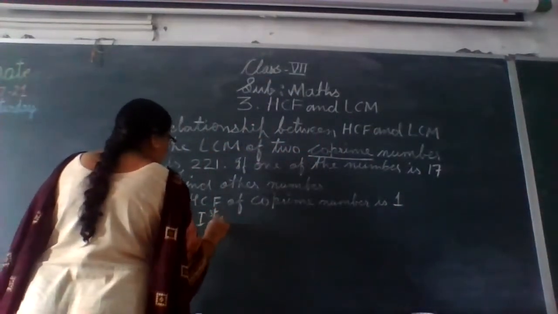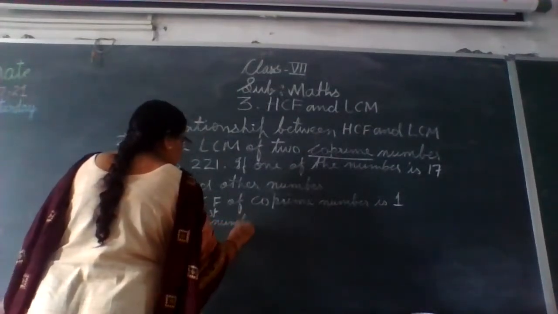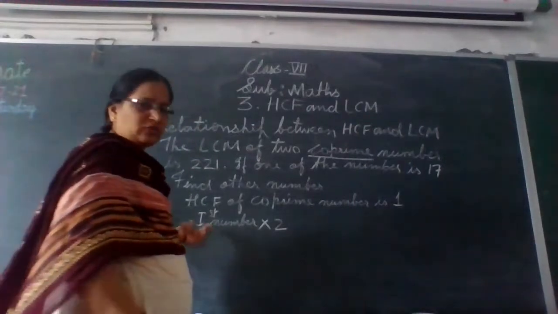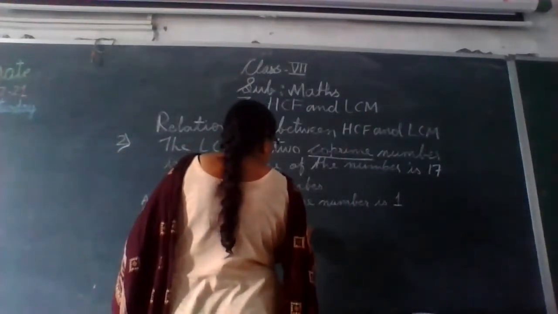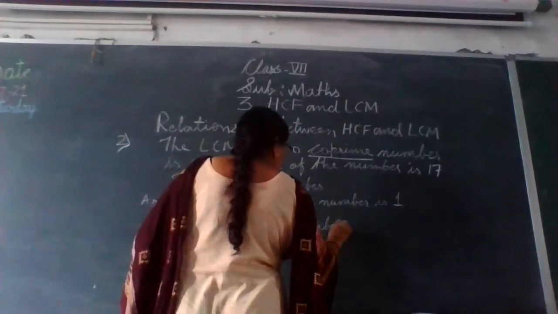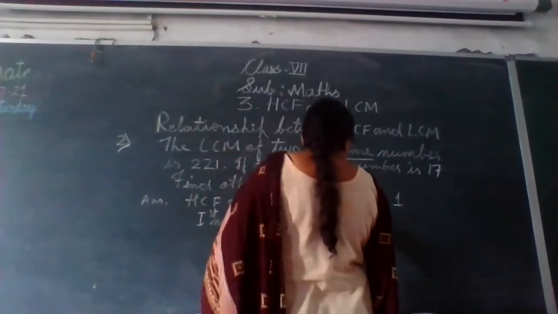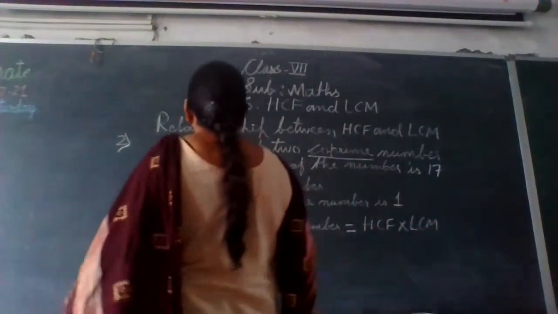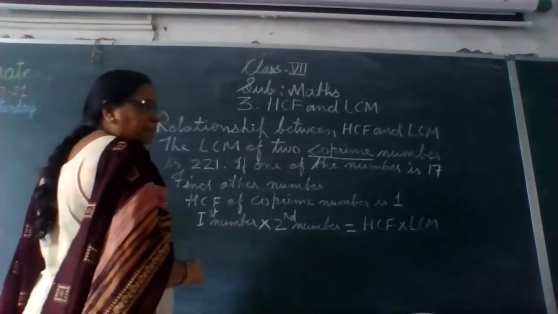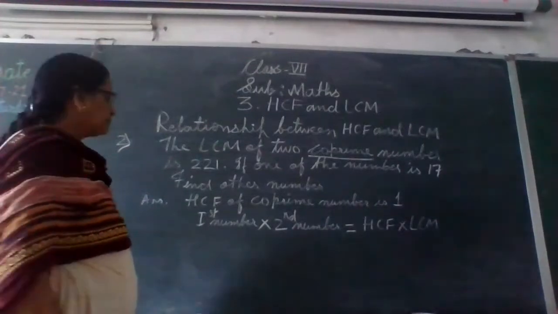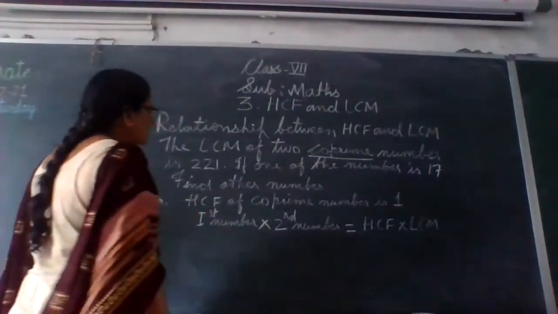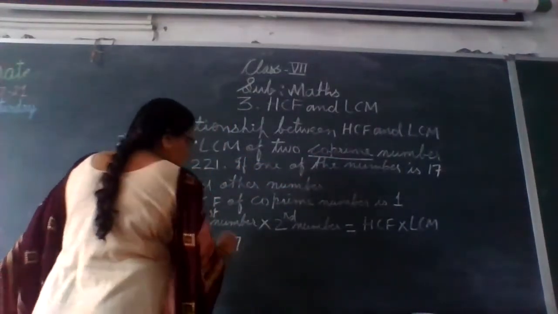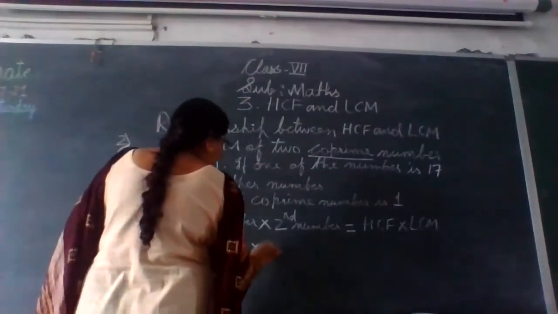First number multiplied by second number, the product of two numbers, is equal to their HCF multiplied by their LCM. Now see what is given. First number multiplied by second number. One of the numbers is 17, so here we can write 17. One number is given. Write down the second number.